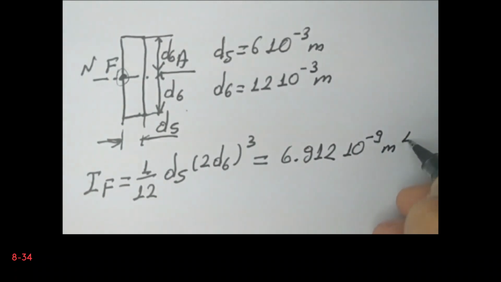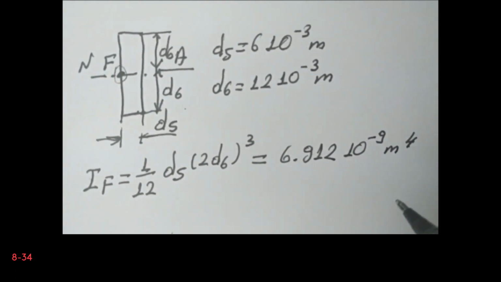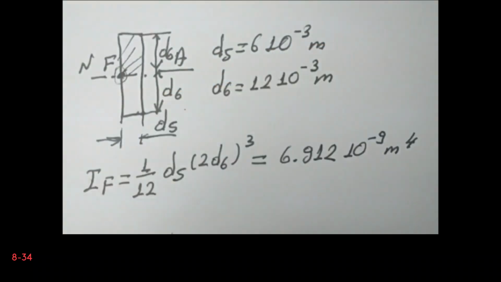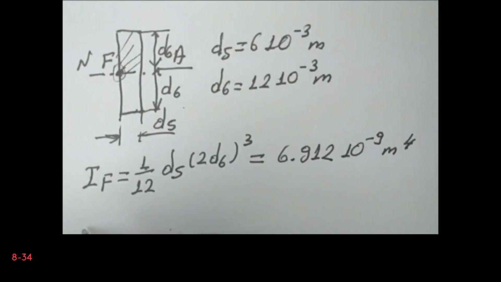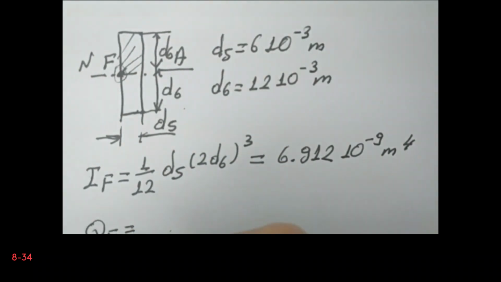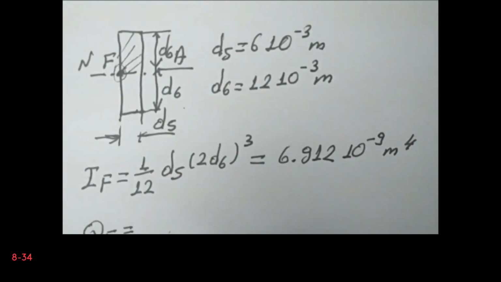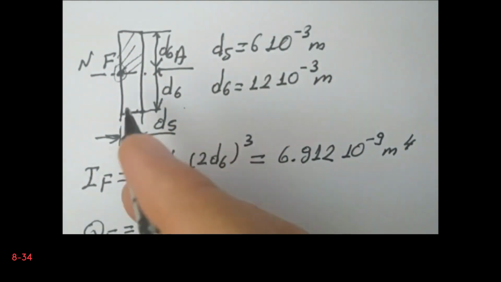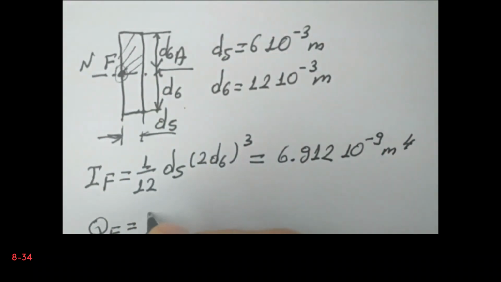Now we need to calculate the first moment of the area above the neutral axis, because we are asked for the shear stress, in fact. So we need the shear stress value for this particular cross section, and so Qf is equal to, now the centroid is located at d6 divided by 2 multiplied by the area, which is d5 multiplied by d6.